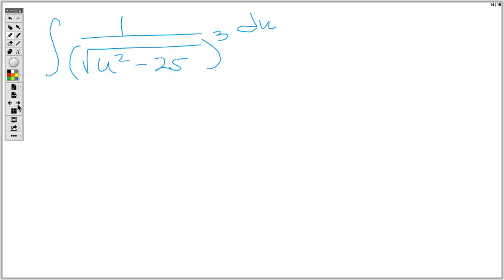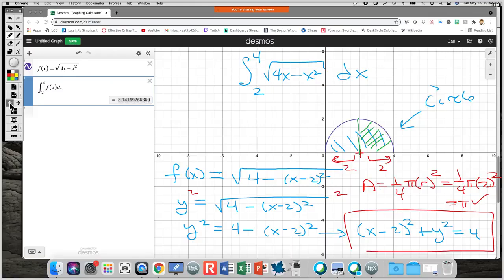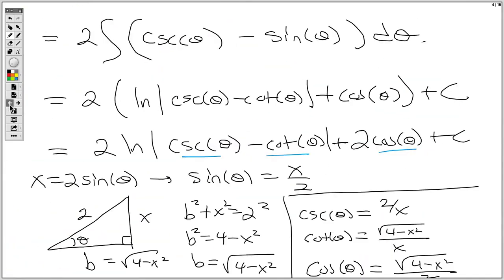And so looking back, I've got a variable squared minus a constant squared, which means this is time for what substitution? Tangent substitution, you would want the sum of squares.